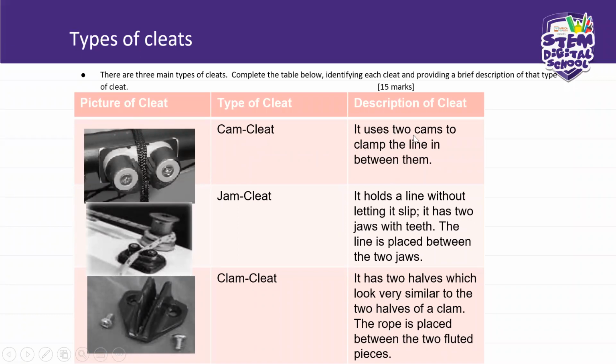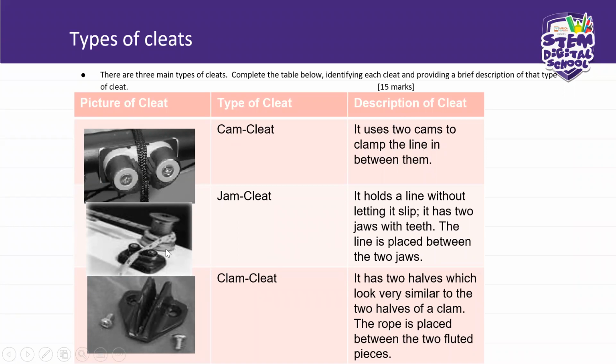It uses two cams to clamp the line in between them. Do you remember the camshaft I discussed with you yesterday, the operation of the cam? So this is a cam cleat. It has two cams.